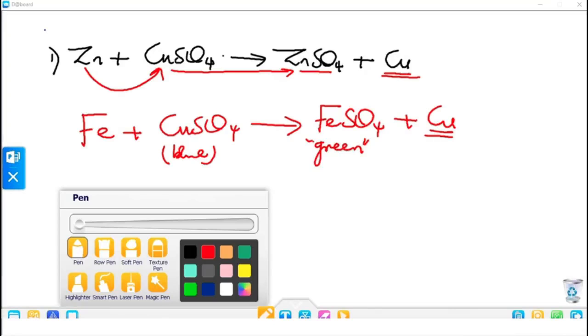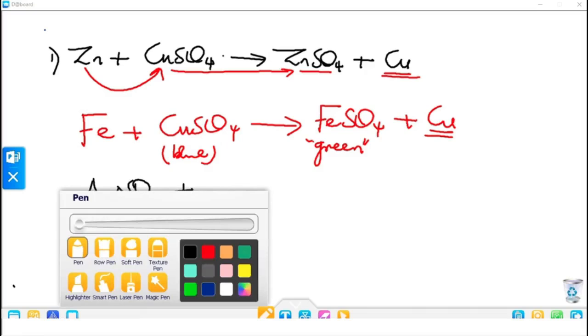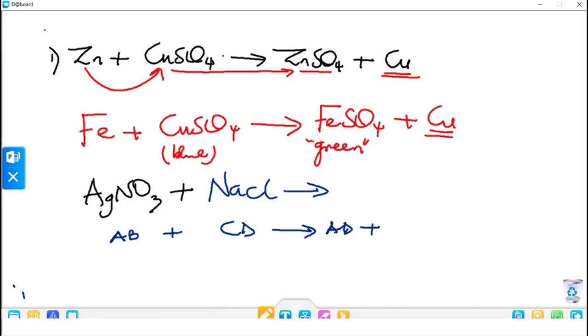So when silver nitrate reacts with sodium chloride, silver nitrate comes into reaction with sodium chloride. This is A, B, C, D. It also gives AD plus CB.